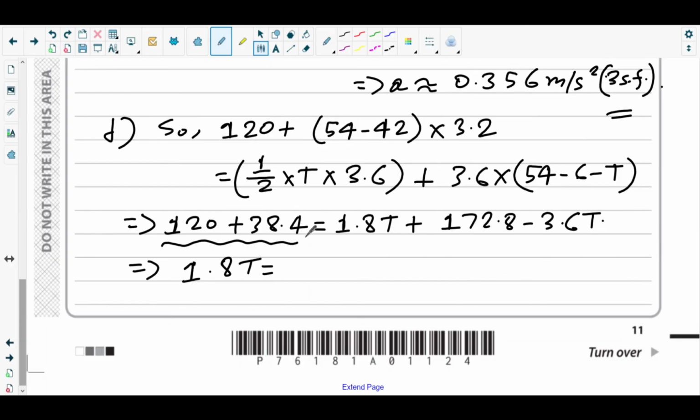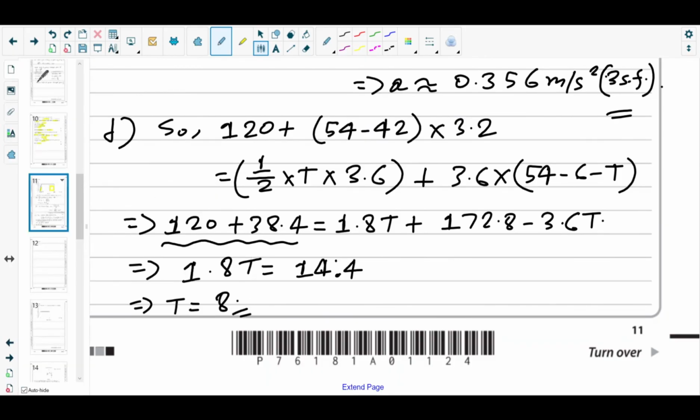This is 14.4. So the value of t is 14.4 over 1.8, which gives exactly 8.